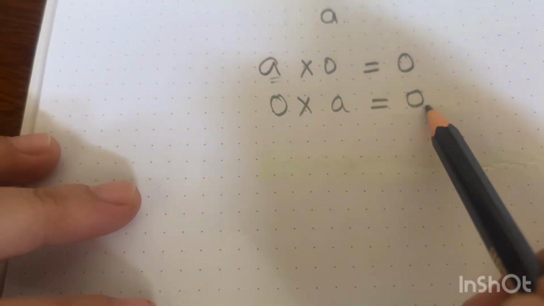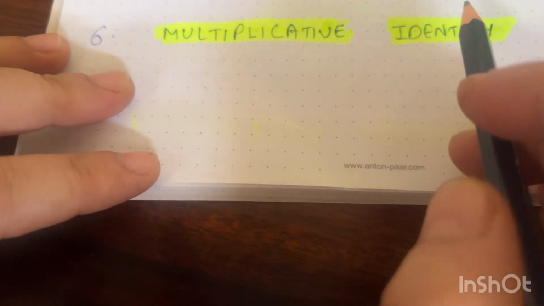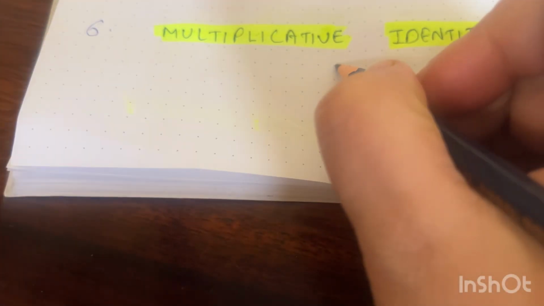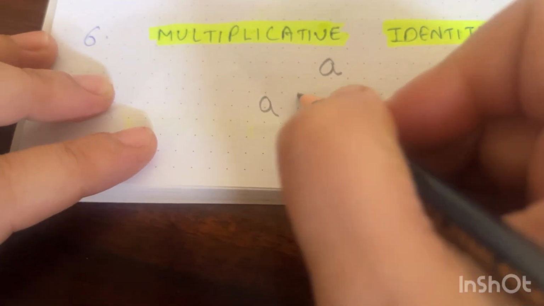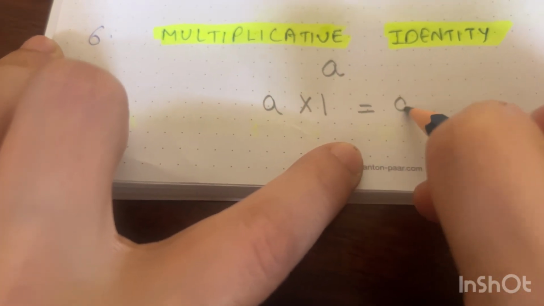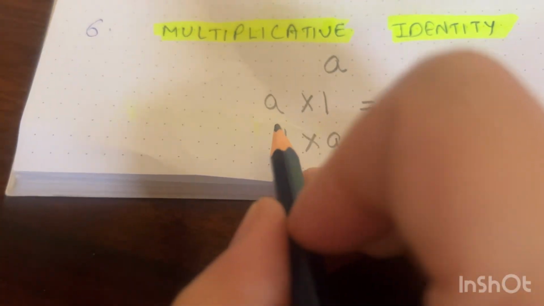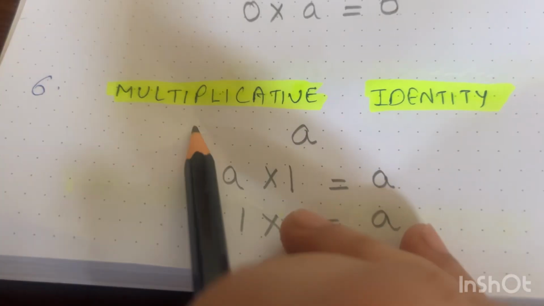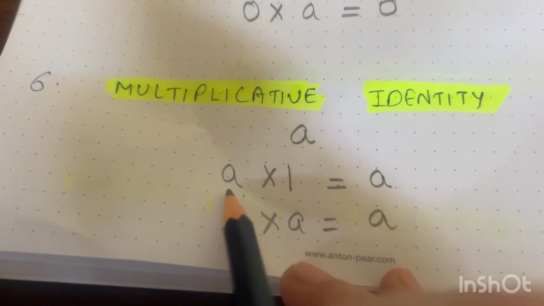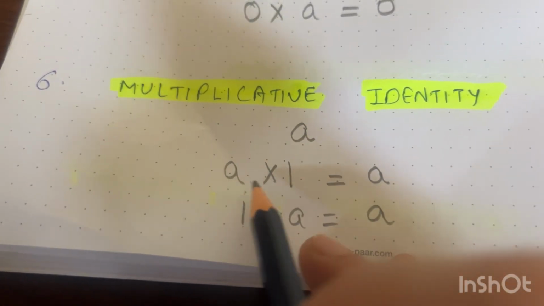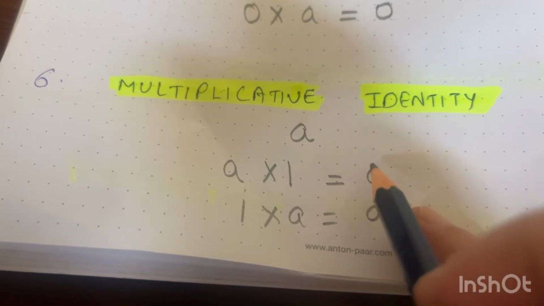The answer will remain 0. And the last one is the multiplicative identity. For any integer a, the formula is a multiplied by 1 is equal to a, or 1 multiplied by a is again equal to a. So in place of a we can put any number. We can take a as 2, 3, or minus 5 or minus 6. The answer will remain the same integer.